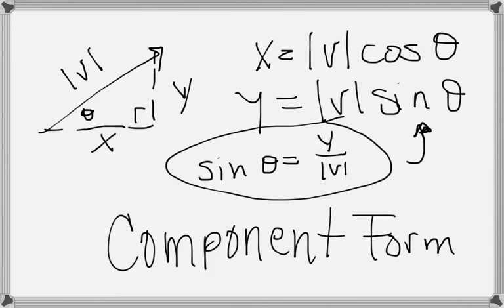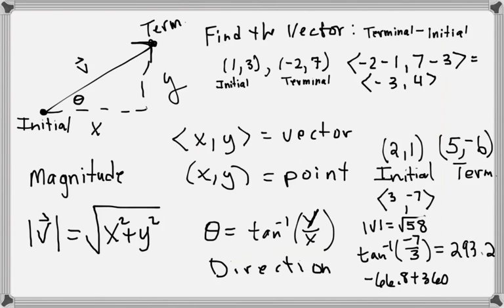Okay, let's review real quick. We talked about a number of things. We talked about finding a vector from points, terminal minus initial. Number 2, we talked about finding its magnitude using the Pythagorean theorem. 3, we talked about finding the direction, the angle of the vector, which is tan inverse of y over x.